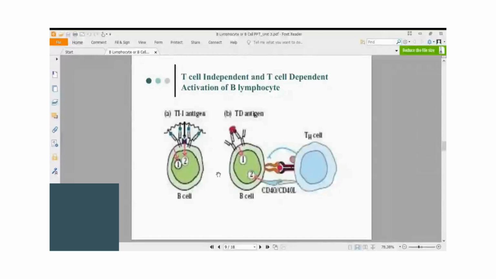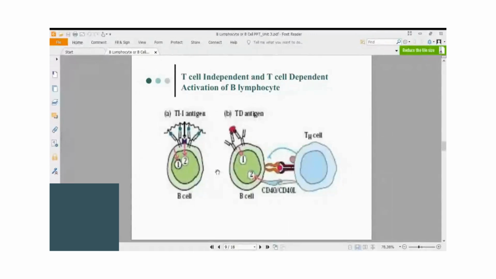In that case, the first antibody produced will be IgM. Later, it will switch over, that is called class switching. It will switch over to produce IgG, which will be the largest amount of antibody in circulation in our system until the antigen disappears from our body.